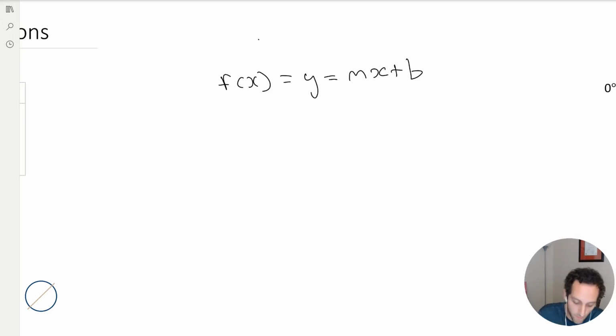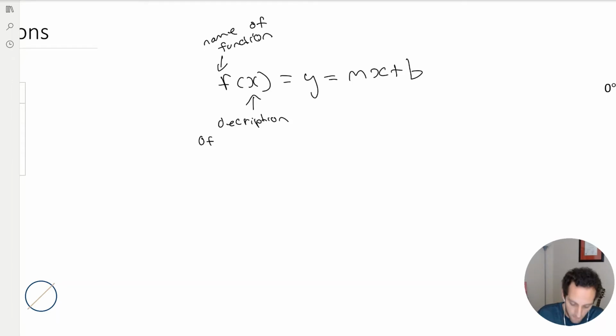what's different about them? Well, this guy is the name of the function. So his name is function f. And the other thing is a description of what the function is in terms of.